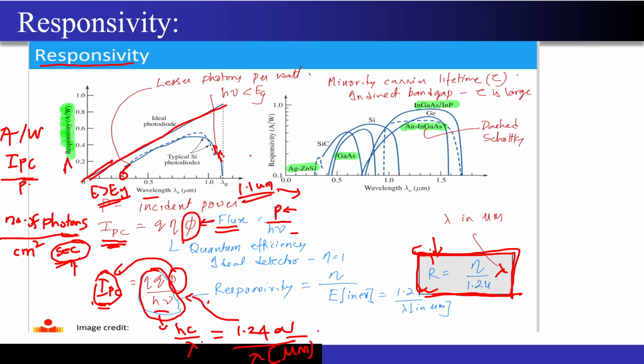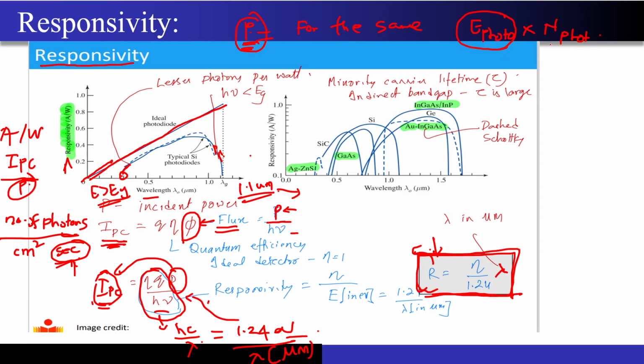But for the same power density, see, this power density is nothing but energy of photon into number of photons, correct. If I keep on decreasing my lambda, the energy of each photon is actually increasing, but my power density is remaining constant.